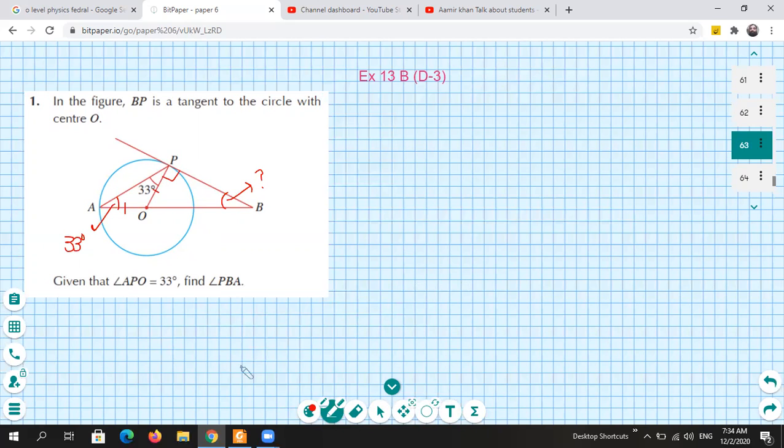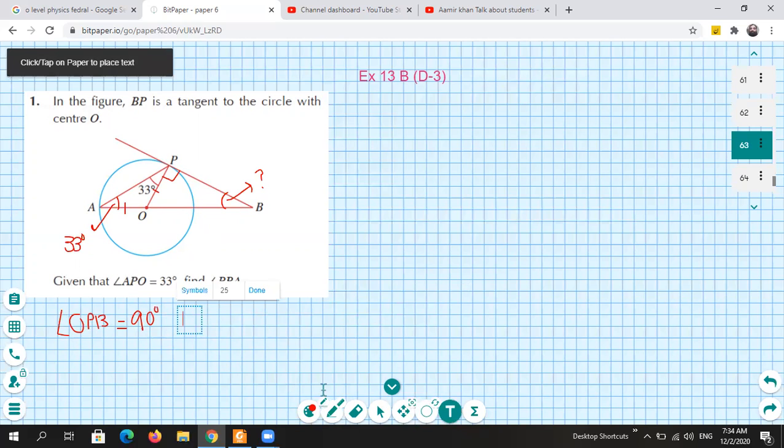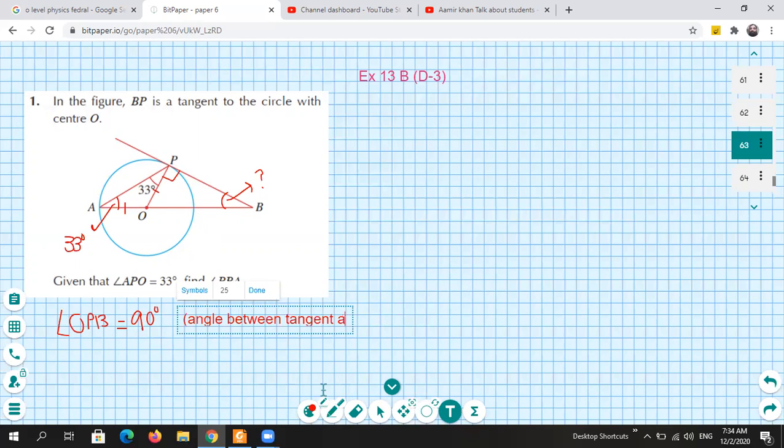Okay, write this. First of all, write this: angle OPB will be 90 degrees. The reason is property number 3 that we've studied: the angle between tangent and radius is 90.